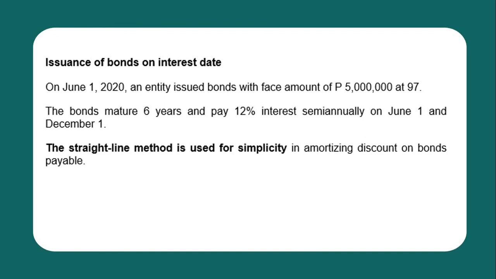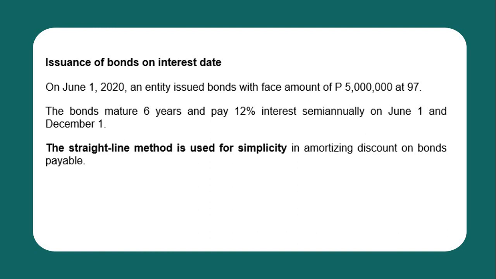Meaning, the issuance date of the bond is the same as the interest payment date. For example, if the interest dates are June 1 and December 1, the issuance date is also June 1, so it falls on the interest date, June 1.